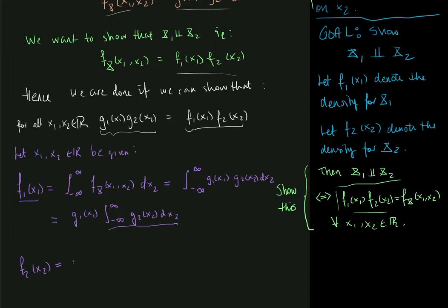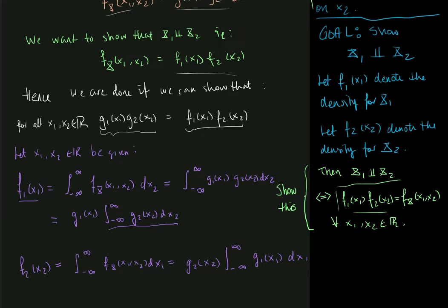So now let's take a look at f2 of x2. The marginal density here is evaluated in the same way as we did above, except now we integrate with respect to x1. And what we get is the same expression as above, just with g2 of x2 outside of the integral, and then the integral from minus infinity to infinity of g1 of x1 with respect to x1.